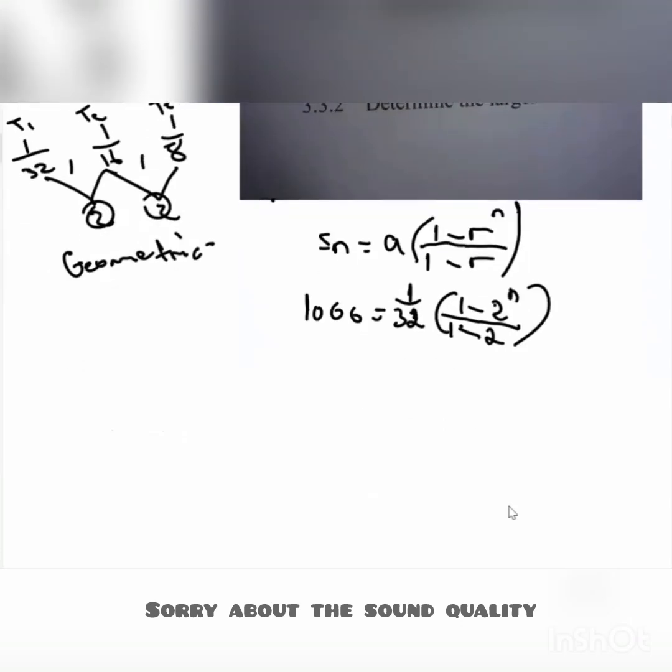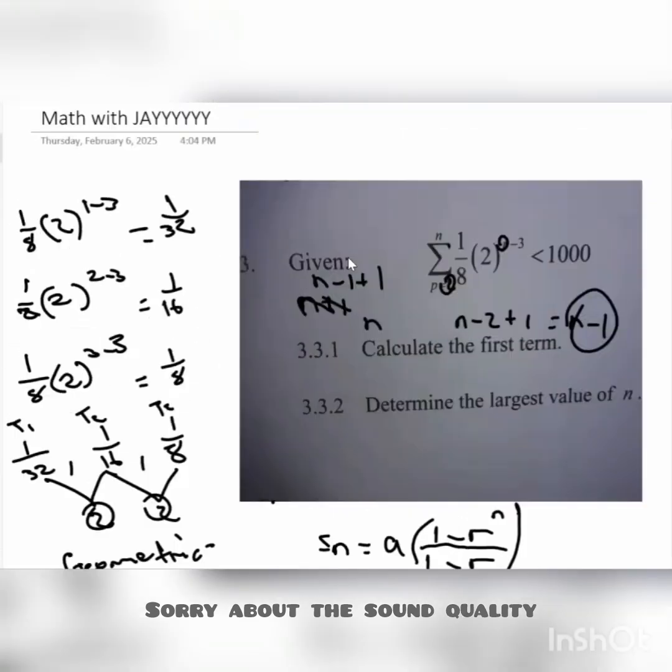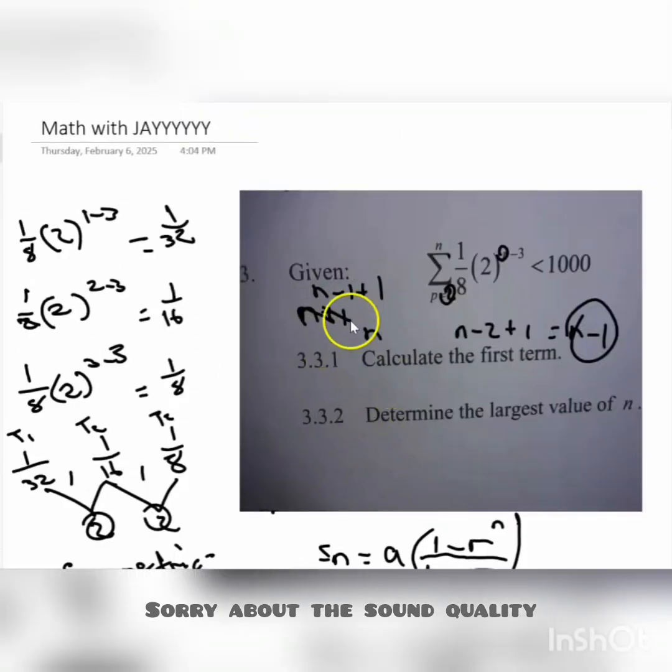Now, to prove that, the n here, as Noah said, you're supposed to subtract. If it's term number 1, it's not going to change, because here it's 1, so it's going to be n minus 1 plus 1, which is n, right? So it won't change.